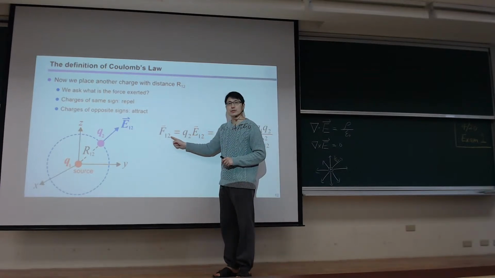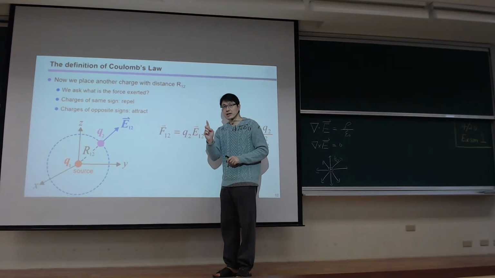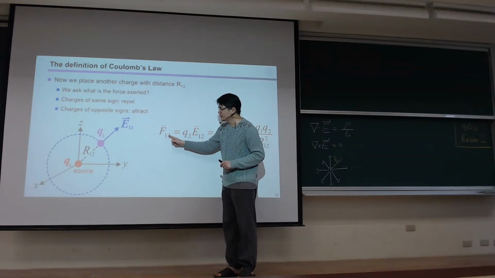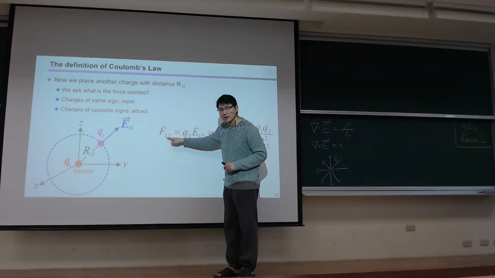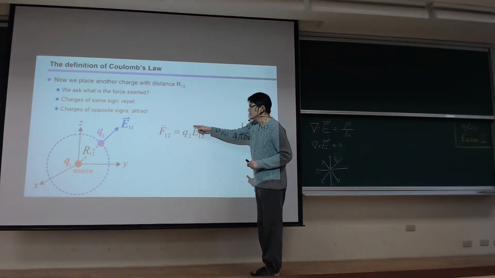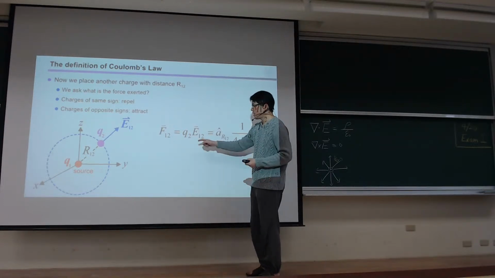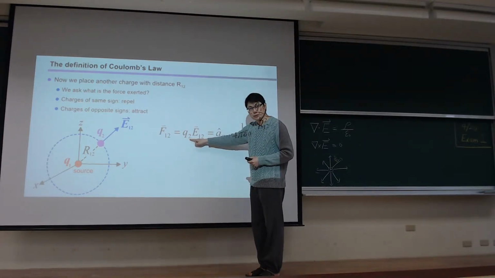Force F12. Listen carefully how F12 is defined. Having the subscript of 1, 2 means charge number 1 is setting up its field distribution to give a force on charge number 2.